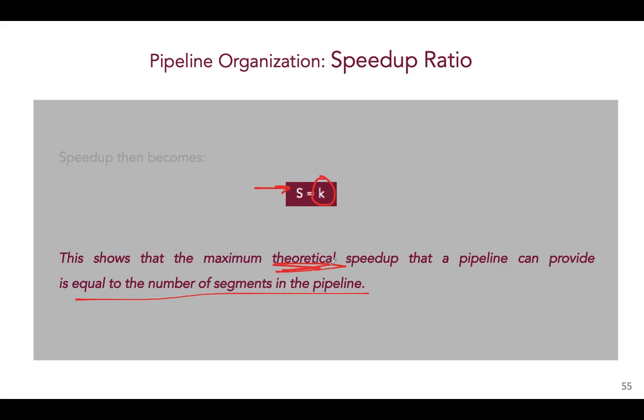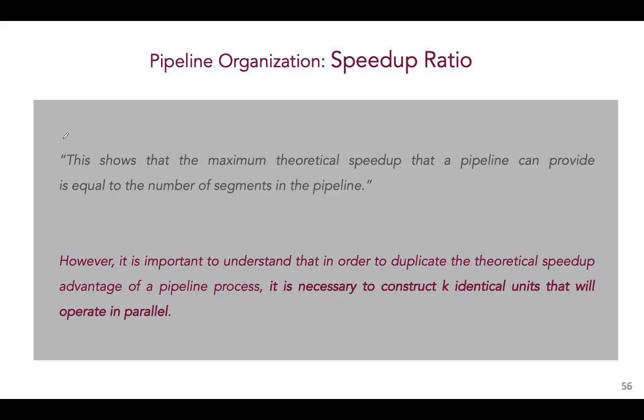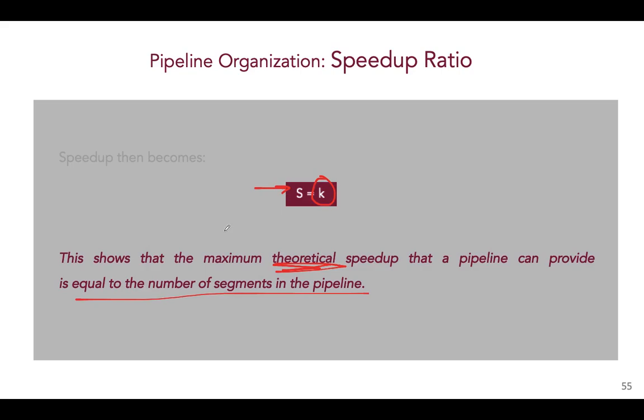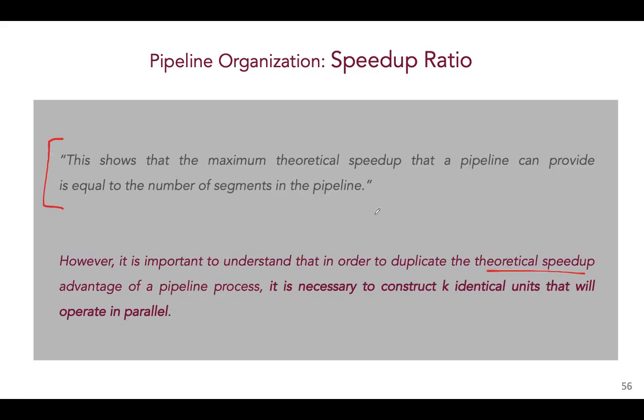Why is it theoretical? Because in order to duplicate this theoretical speedup, if you want to actually make a pipeline where S is equal to k truly, practically, not just theoretically, it is necessary to construct k identical units that will operate in parallel.